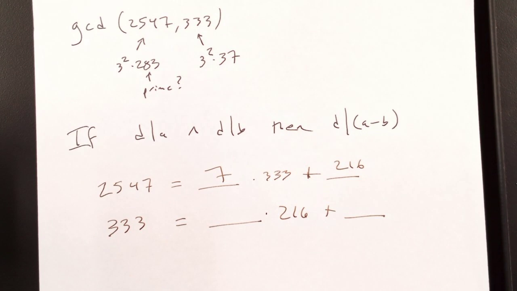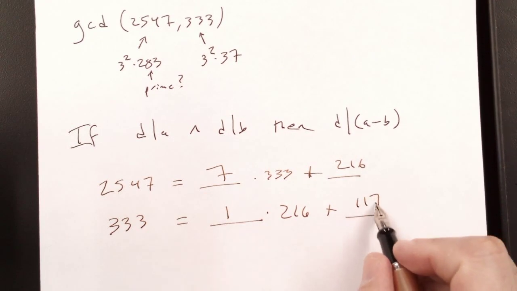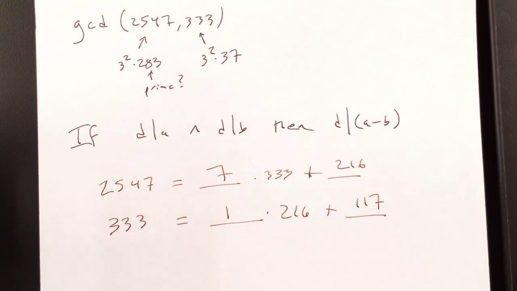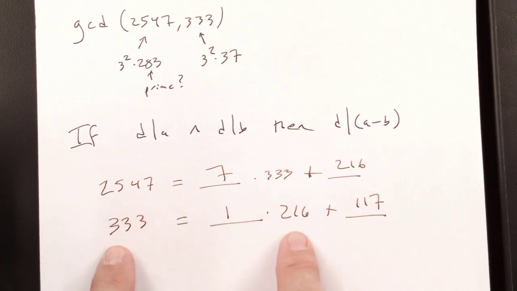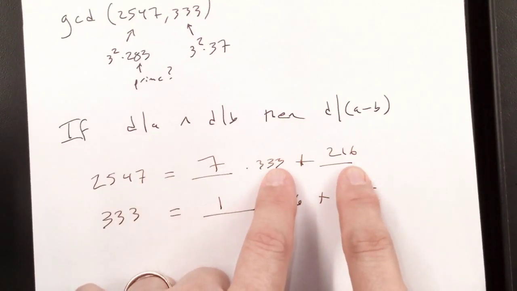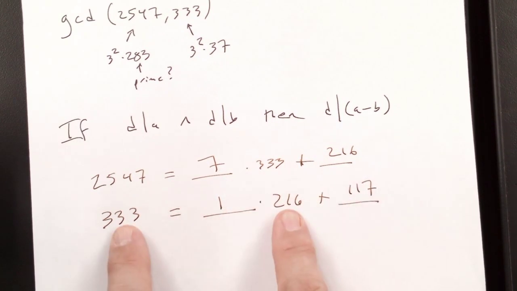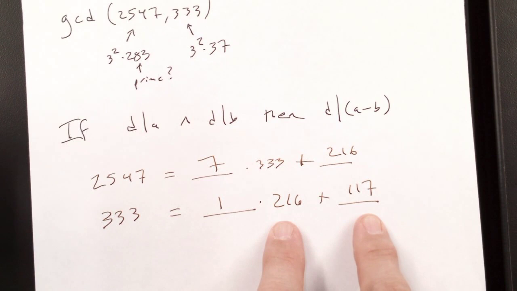So give me a quotient and remainder. Whatever divides these two divides these two. So whatever divides those two divides these two. Do it again.